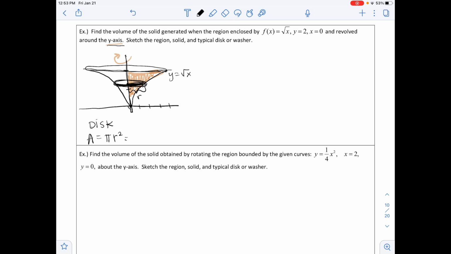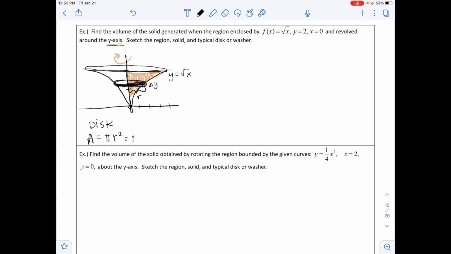And also delta y, since we are rotating this, we have a thickness of delta y this time versus delta x, because that rectangle is horizontal versus vertical. So when I write my area, because of the delta y, I need to make sure that my function is in terms of y also.